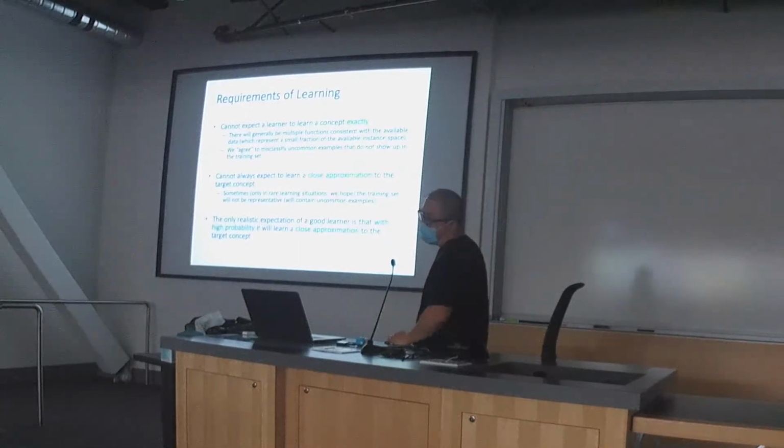That's how, in computational learning theory, people define a good learner. We need a probability statement because the learned hypothesis depends on data, and data itself is random. If we can guarantee that a learner has a high chance to learn a good approximation to the target concept, we will hope this learner is really good.